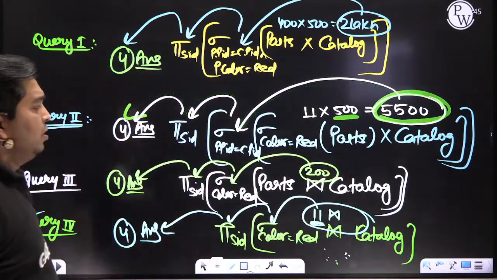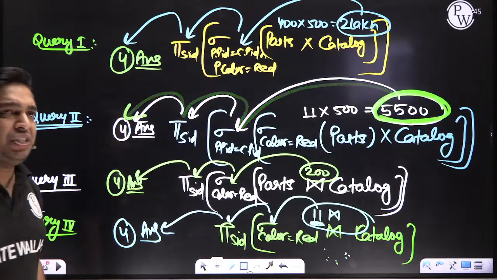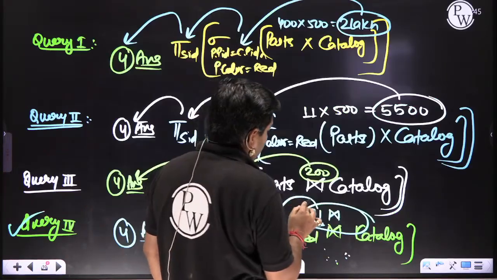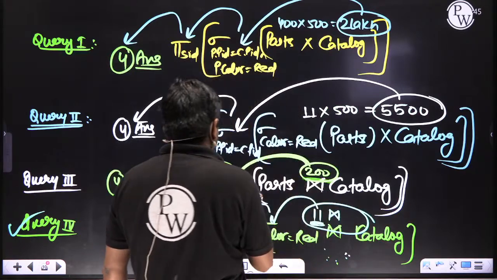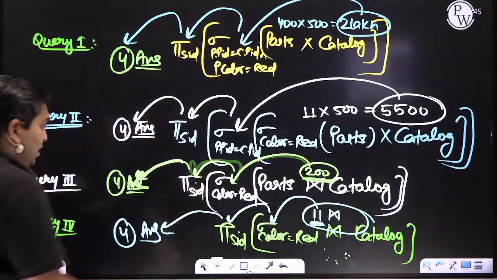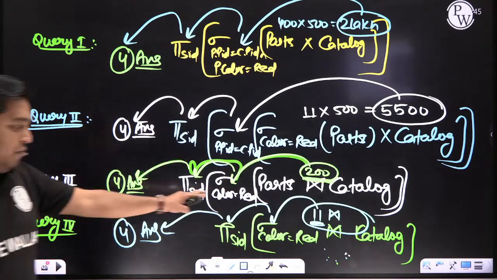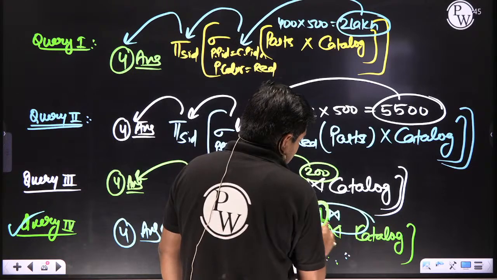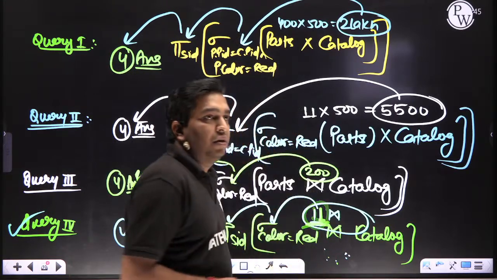Here, the calculation applies only on the common 200 tuples. This one is even more efficient: you select only 11 tuples, then process from those 11 tuples. Clear, Shyam?